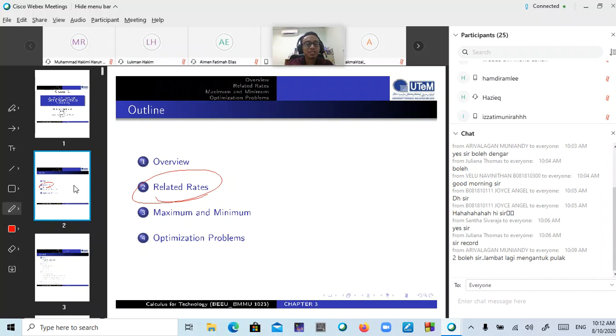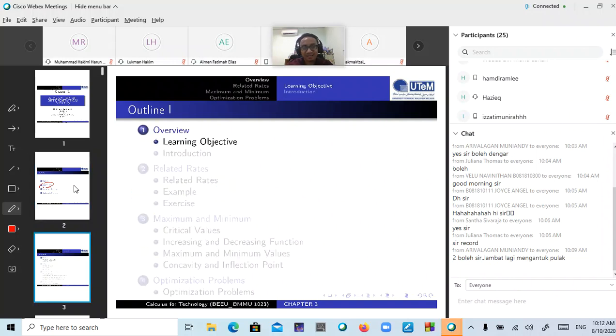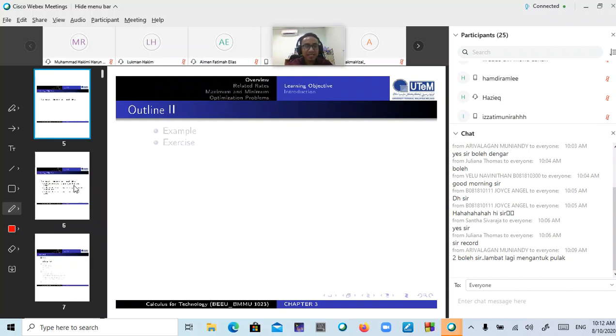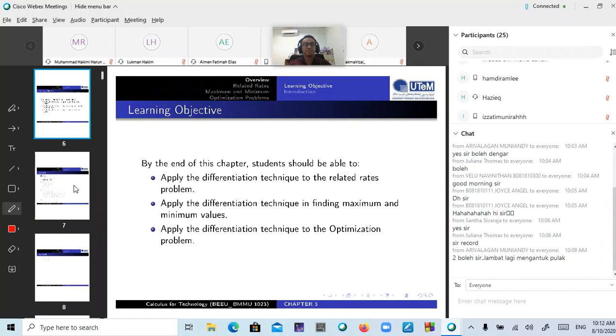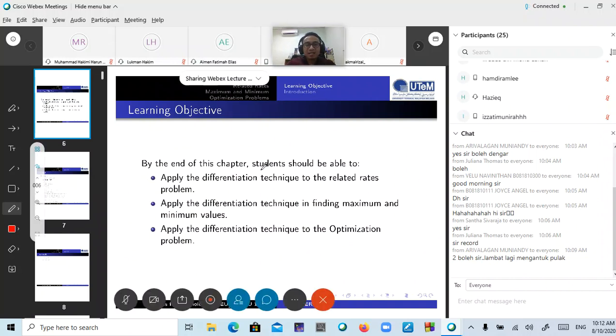Okay. Let's proceed to the first one, related rate. Okay. This one is learning objective. By the end of this chapter, you should be able to understand or apply differentiation technique, the related rate problems. Okay, and then apply differentiation technique, finding maximum and minimum values, and then apply differentiation technique to the optimization problems.